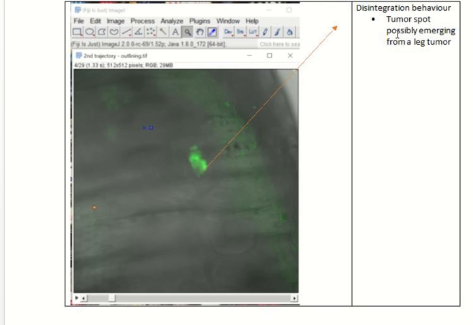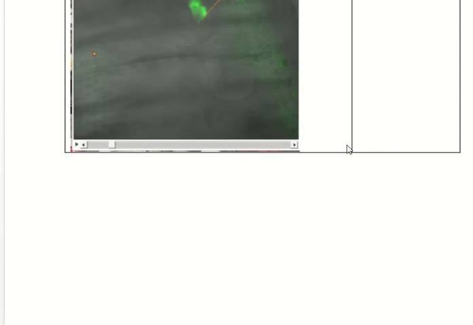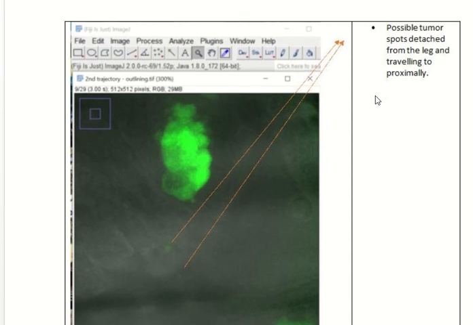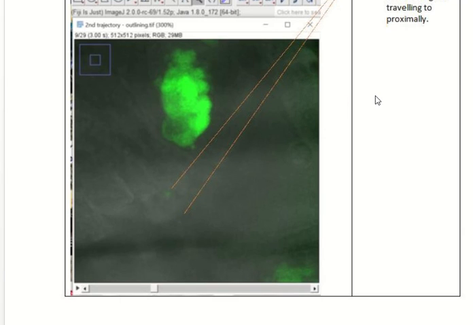I think what we should say is that this is an interesting behavior that seems to be very important, and it should be analyzed in more detail, and we should propose techniques to have a better resolution of this behavior. Okay, it's just very interesting.